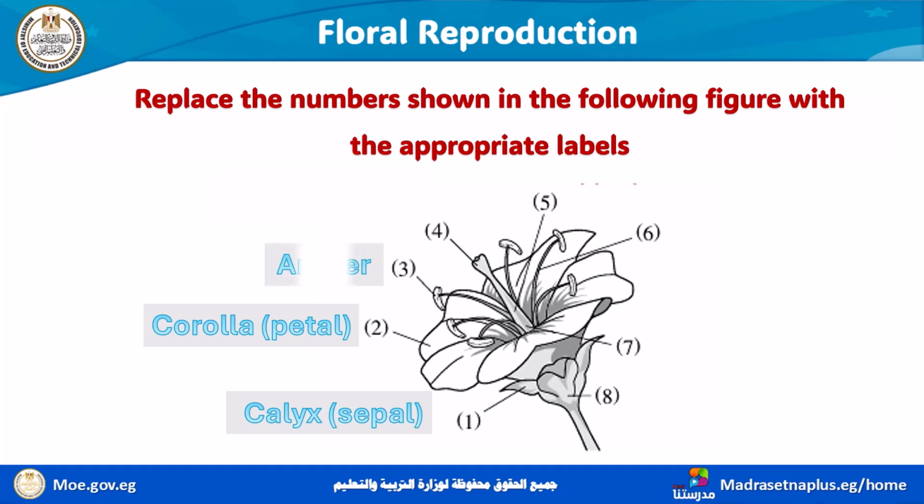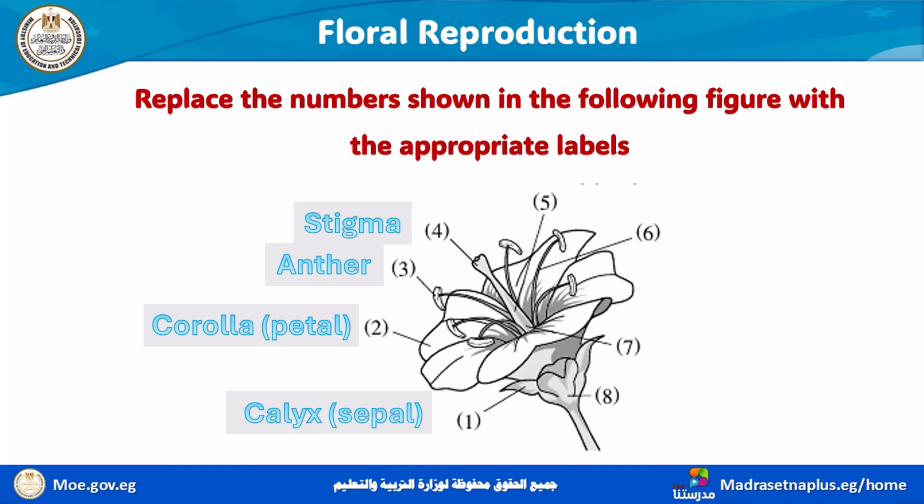Number 3. Number 3 is the anther, which is part of the stamen in which the pollen grains are formed. Number 4. Number 4 is the sticky top part of the pistil, and it's called stigma.